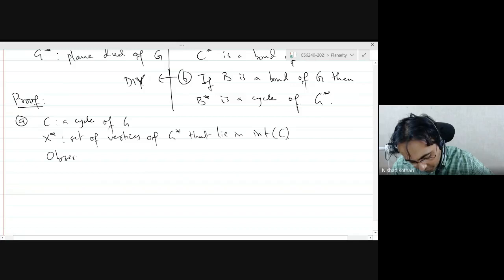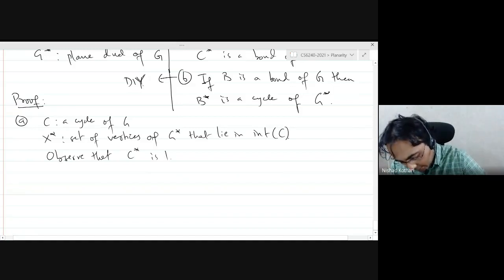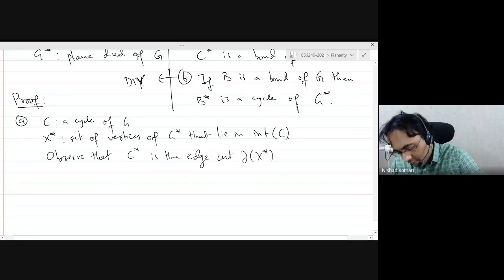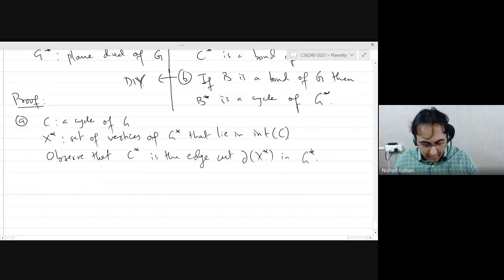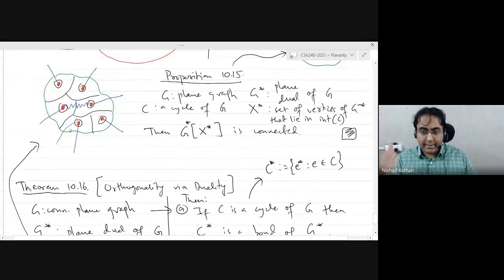And observe that C star, the edges corresponding to that cycle, is exactly the edge cut partial of X star in G star. You go back to this drawing. All the edges corresponding to that cycle are exactly those edges which join a face in the interior of the cycle to a face in the exterior of the cycle. Those are exactly the edges that will be crossing the cycle as per our plane dual definition.